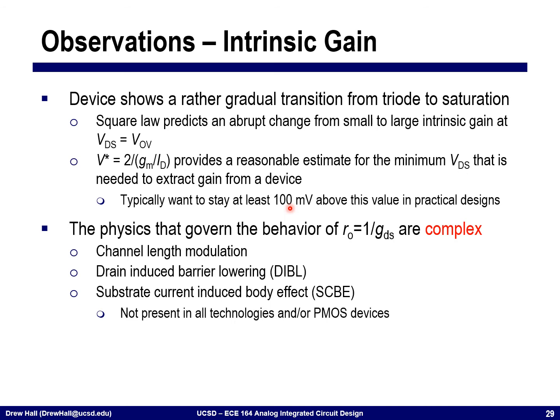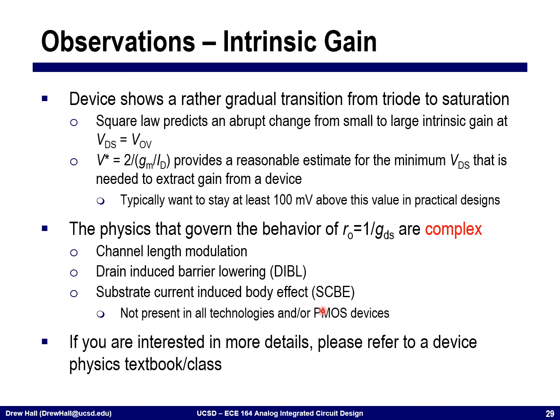And some of these, I should mention, are not in all technologies and even all devices within a technology. Sometimes PMOS devices don't have SCBE, depending on how they're manufactured. If you really want more details about this, I'd refer you to a device physics textbook or a class where you will spend the better part of the quarter talking about some of these advanced topics.